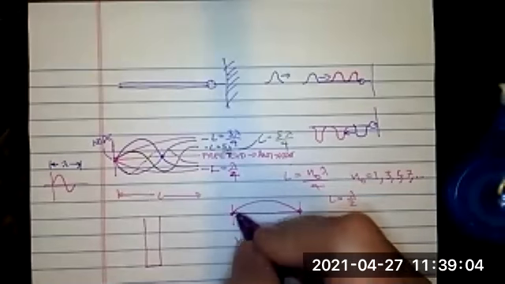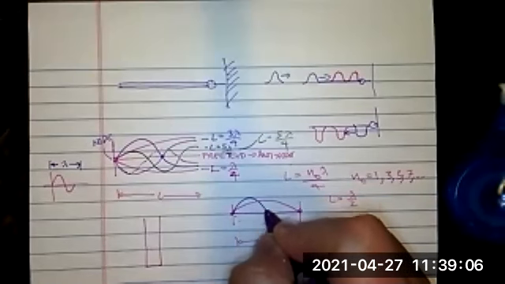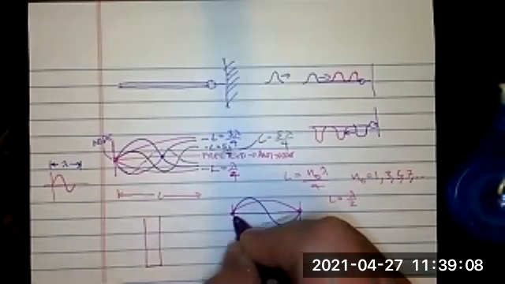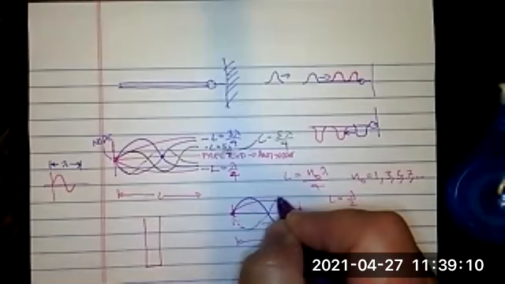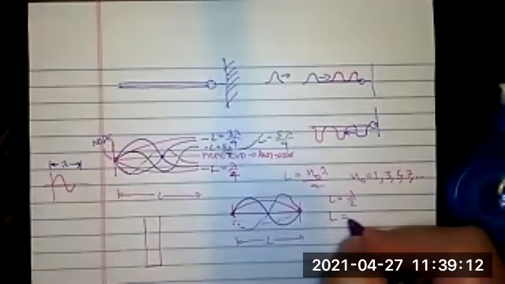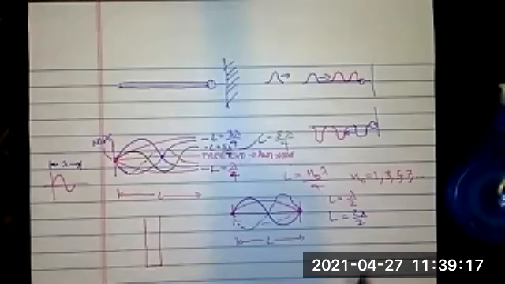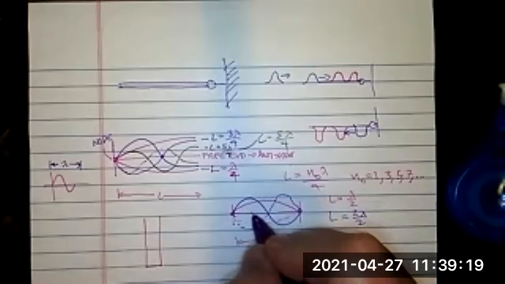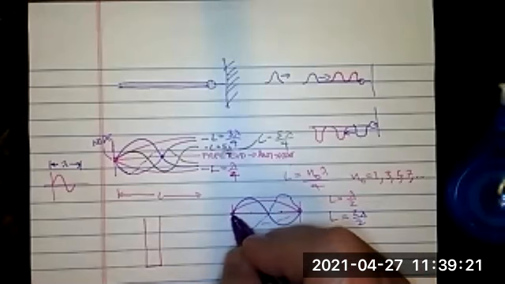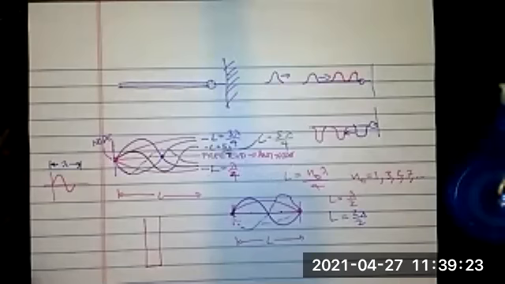You could also get, in this case, L is equal to 2 lambda over 2. And you could get even going to a third roughly. I'll do this one in black.